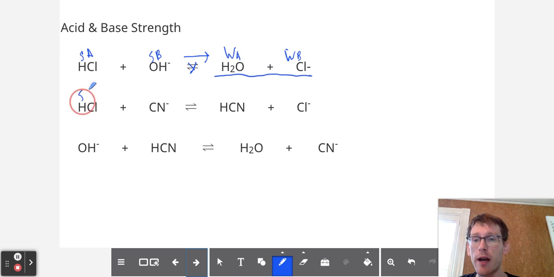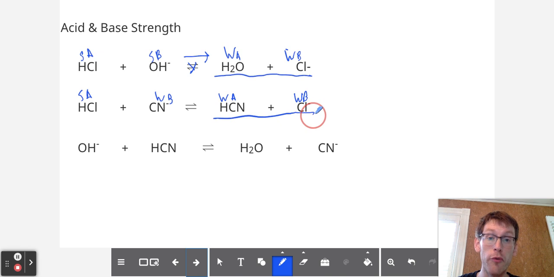Next, we have the strong acid HCl and the weak base CN minus at equilibrium with a weak acid HCN and a weak base Cl minus. Well, strong and weak give us weak and weak. The right side is weaker overall, so the right side will be favored with a little bit going backward.